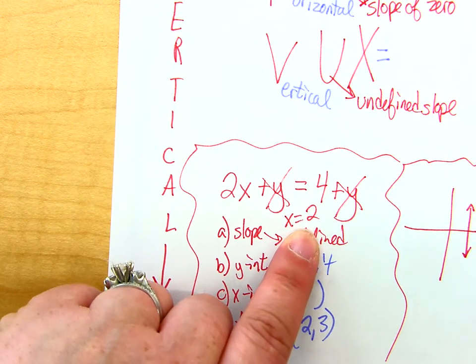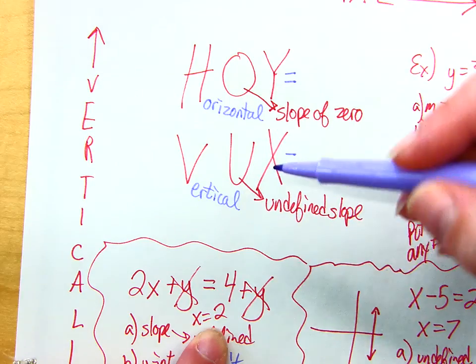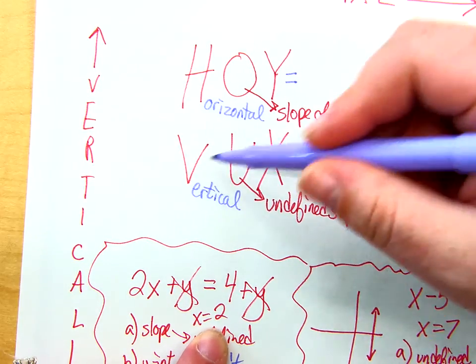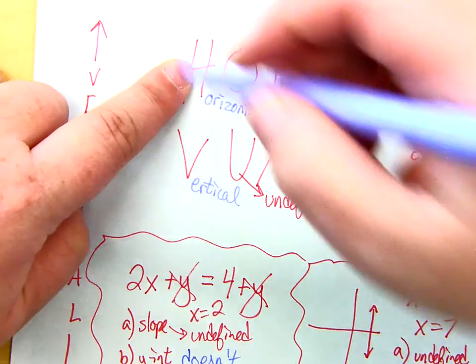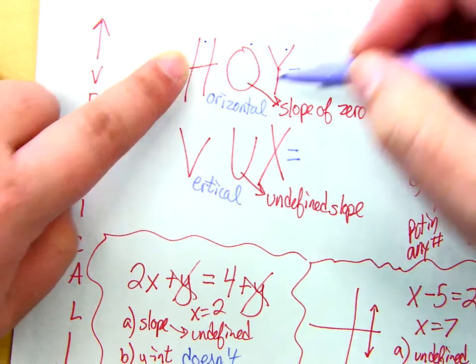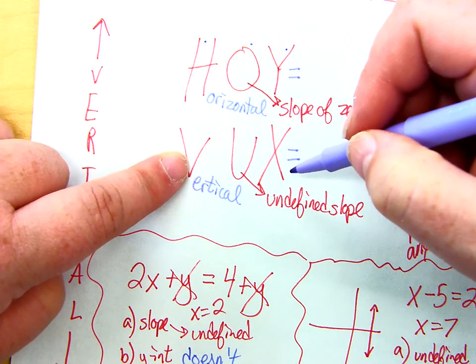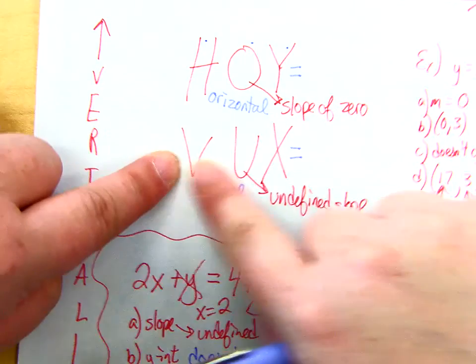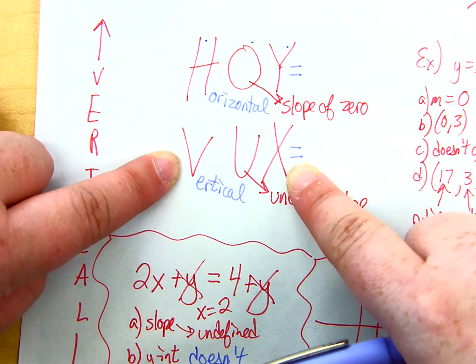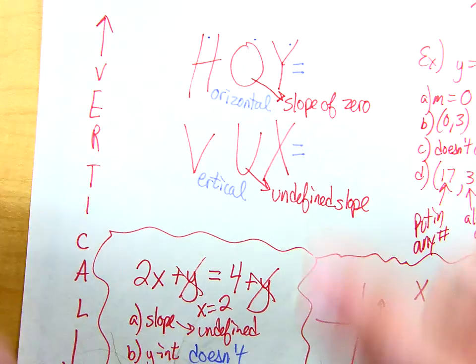Because if it's x equals, since this was x equals, I'm down here. If it was y equals, I'd be up here. If you're given any one of these three, you know where to start. So later on I'll give you a picture of a graph and you tell me its equation. If it's a vertical line, you know you're down here and it'll be x equals something. If it's a horizontal line, you would know that you're up here.